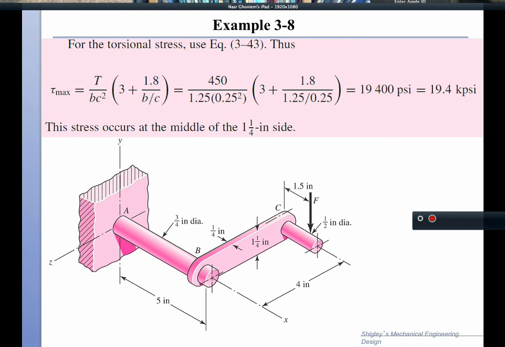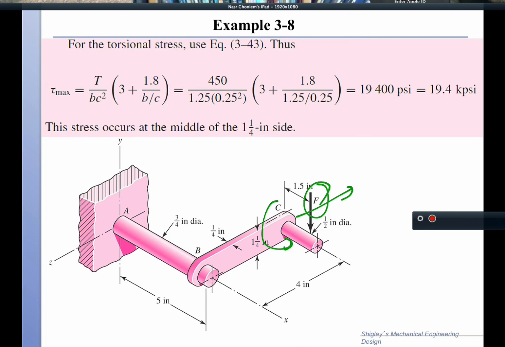Now next we find the effect of the torque. There's going to be a twist, and as we discussed before, there's a torsion, and the torsion is caused by this force here that is torquing the arm BC.